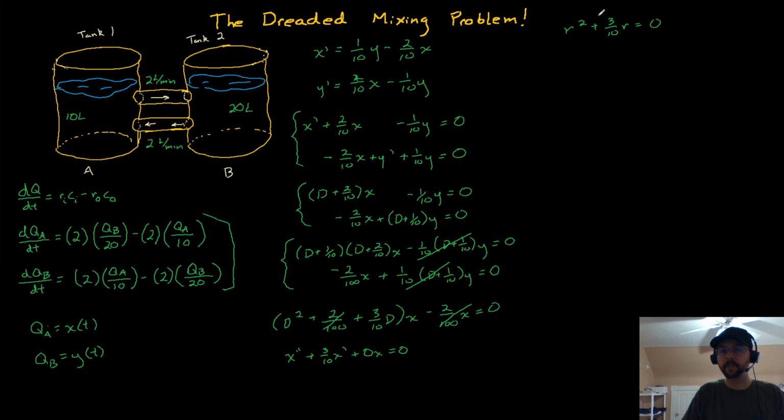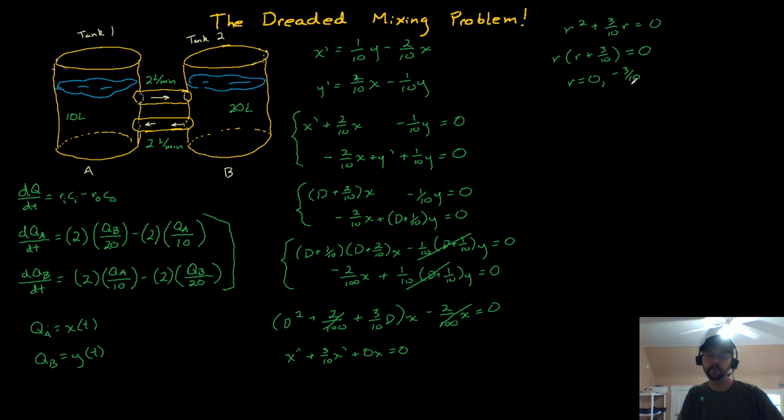So we'll solve this to find r. This is going to be r times r plus 3 over 10 equals 0. So we can see from this that r equals 0 or r equals negative 3 over 10.